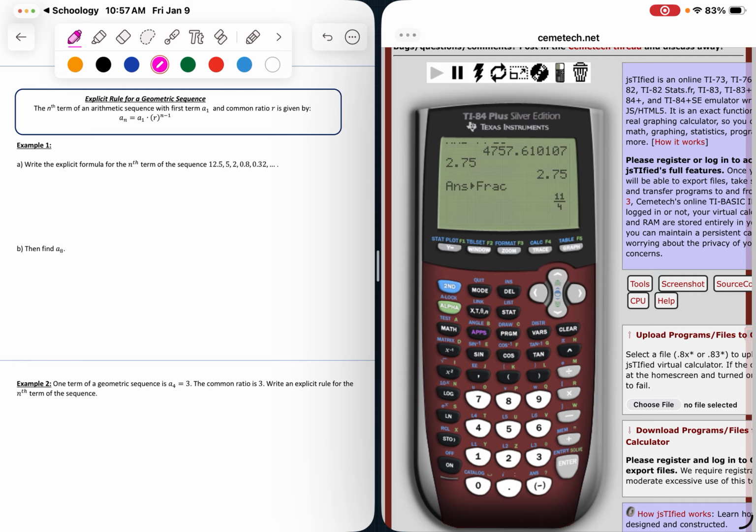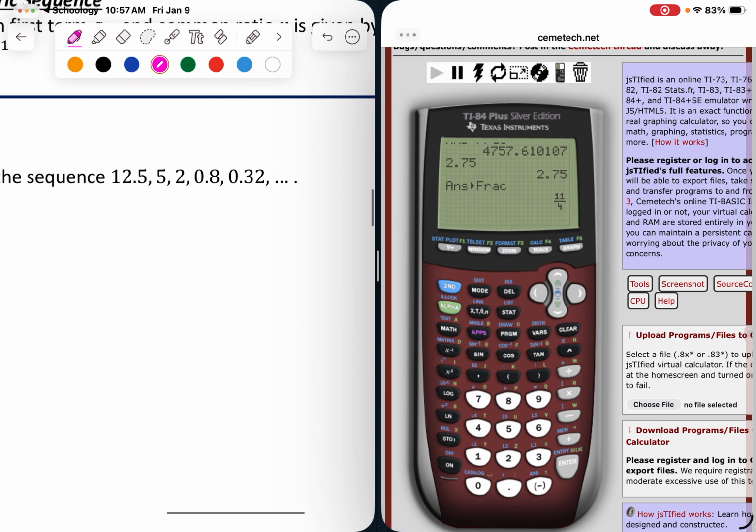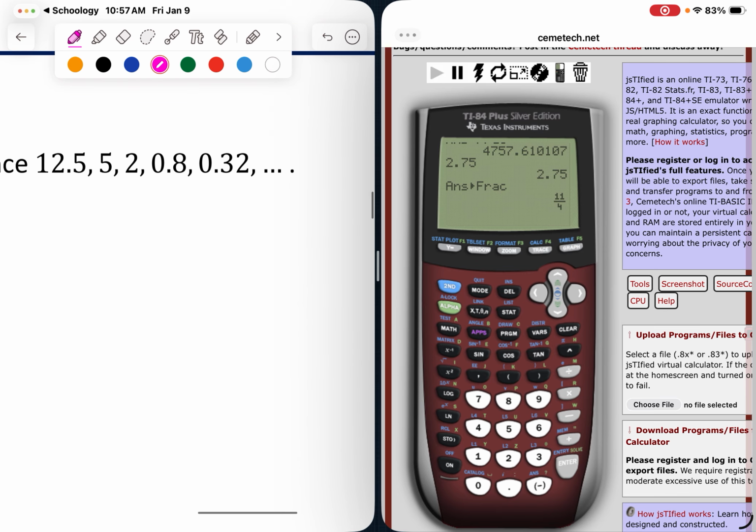Now that we know both geometric sequences and arithmetic sequences, we have to always check to make sure that it's geometric or that it's arithmetic and not just assume. All right, so I have to check to see if this is arithmetic or geometric. We're going to check for geometric first just because that's the section that we're in. So what do I multiply 12.5 by to get a 5?